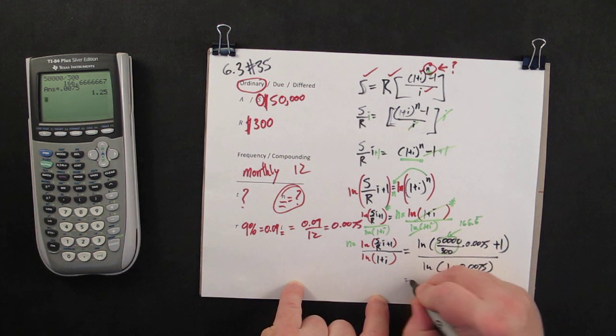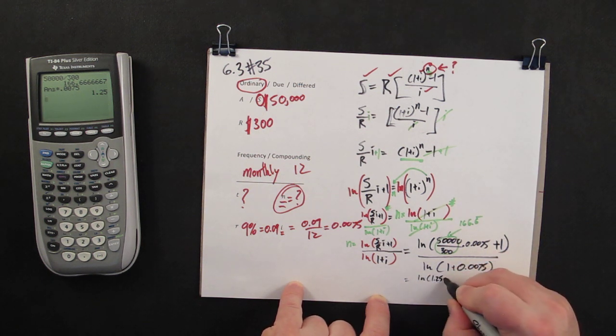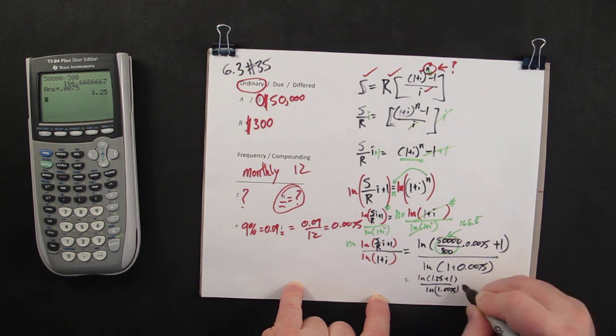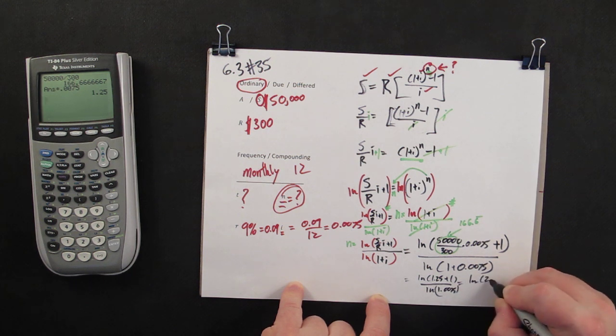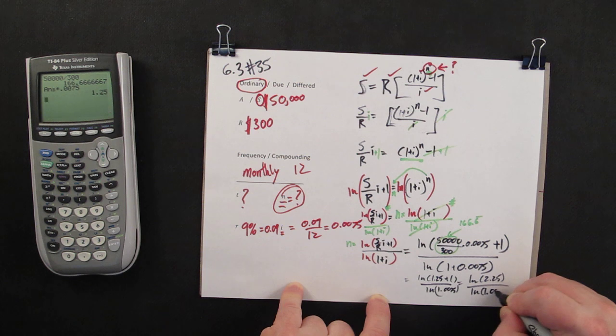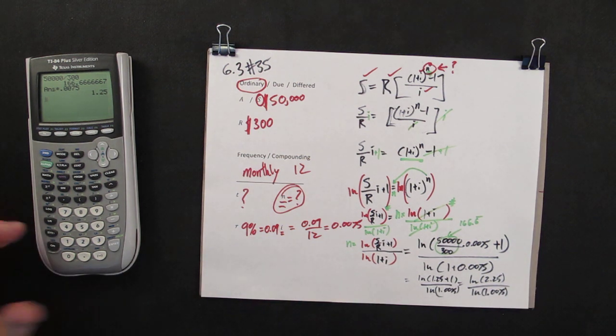So you have ln of 1.25 plus 1 over ln of 1.0075. So ln of 2.25 over ln of 1.0075. So this is what you need to do the computation of.